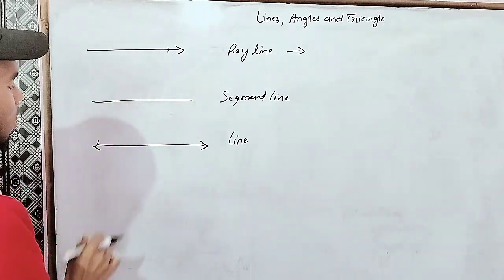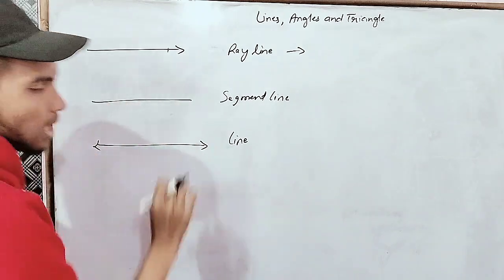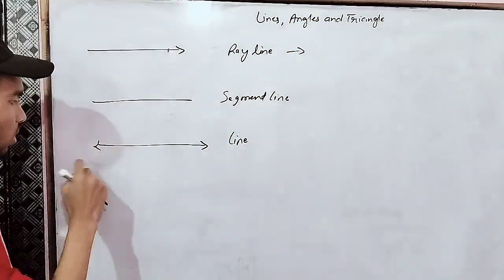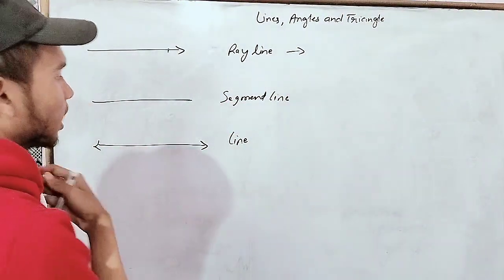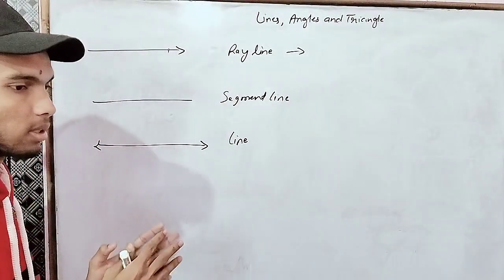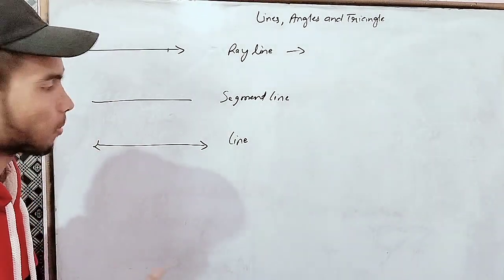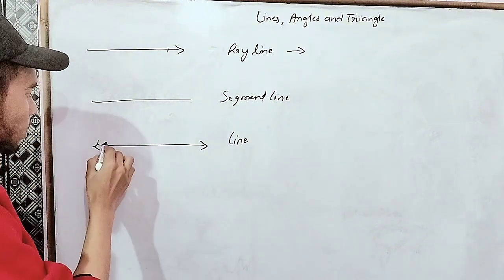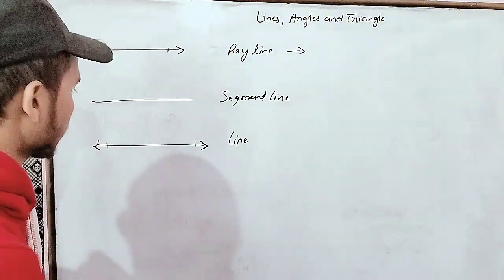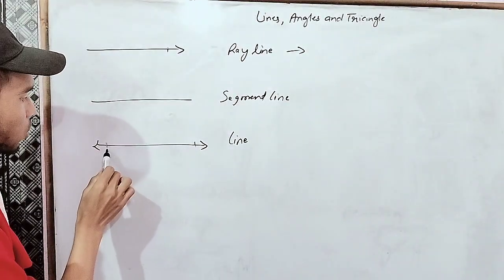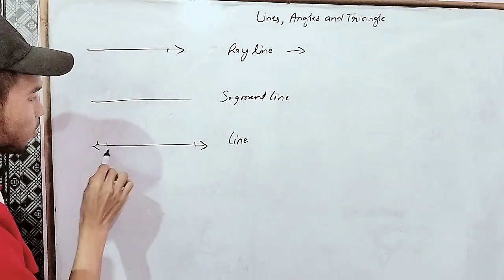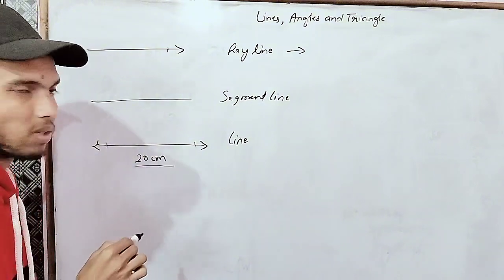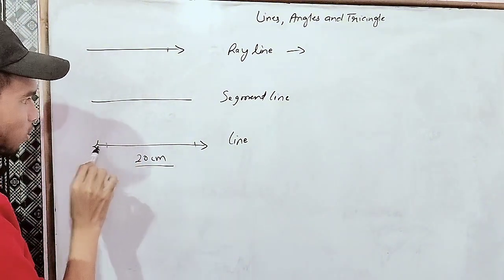Now this arrow and this arrow we are looking at. This arrow is indicating that I am going infinite, and this arrow is indicating that I am going infinite. If we want to know the distance, then we will hint like this. So here we are saying that the distance from here to here is, let's suppose, 20 centimeter.